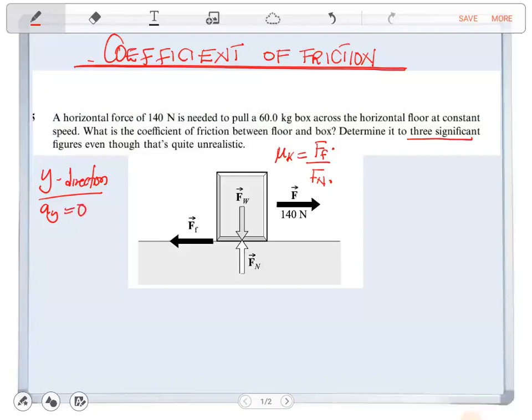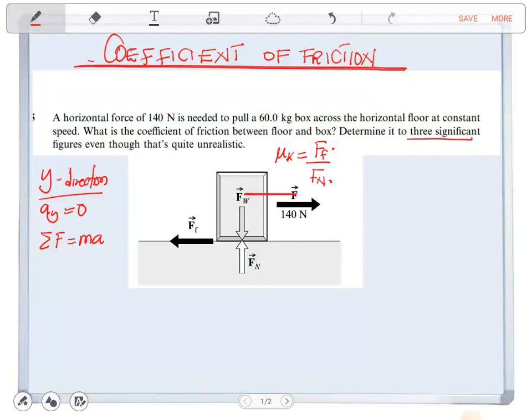So if we use Newton's second law of motion, which says the resultant force is equal to mass multiplied by acceleration, this acceleration is 0, so everything here becomes 0. Now, the sum of forces in the y-axis, we have this one and this one. This is the normal force acting upwards, while this one here is the weight of the box. They are acting in the opposite direction.